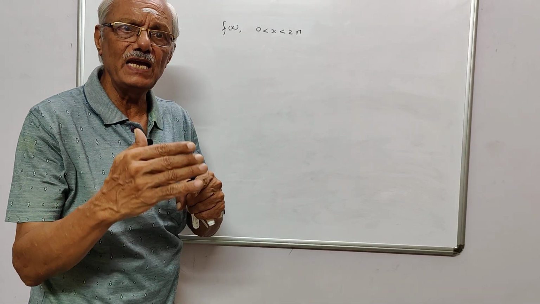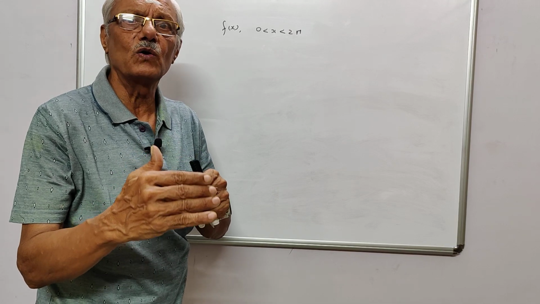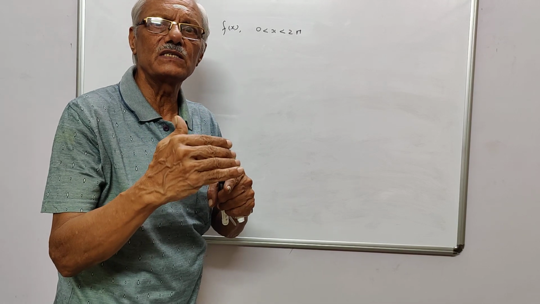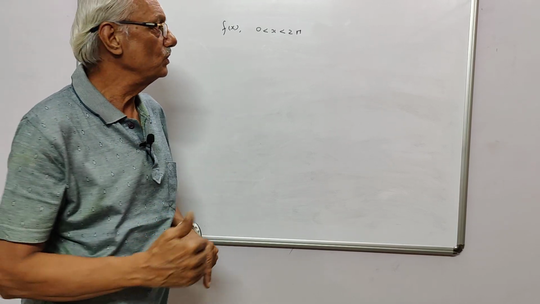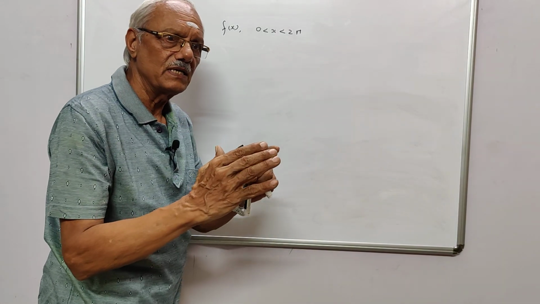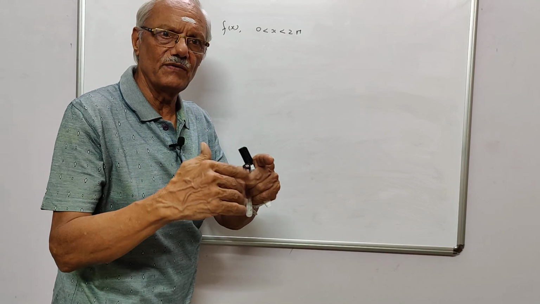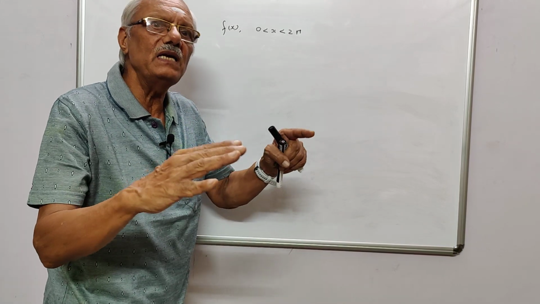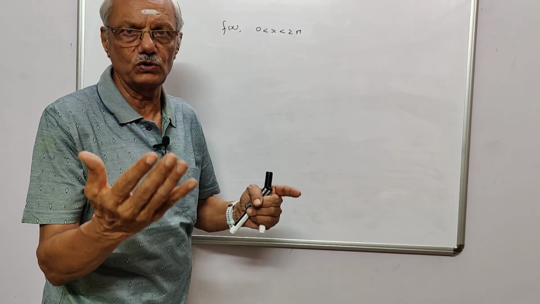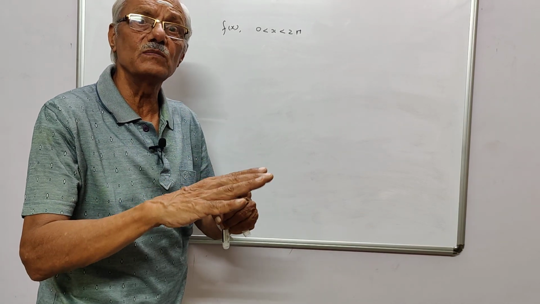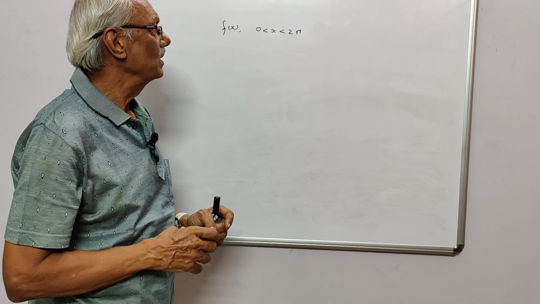Fourier series is a name given because it was the series which was given by Fourier, a great mathematician. So this Fourier series is nothing but expressing a given function which is defined in an interval in terms of sine and cos, a series in terms of sine and cos.